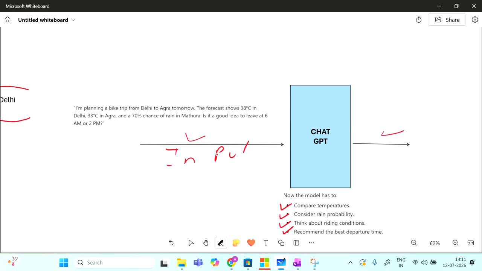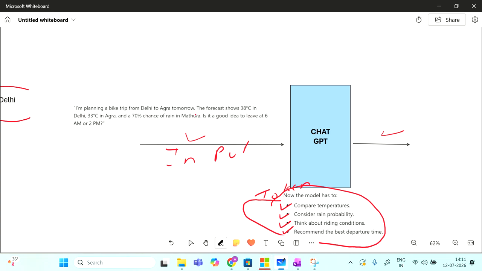But to perform this entire activity, my LLM has to do some kind of reasoning, right? This also consumes some tokens, okay? That is called a reasoning token.